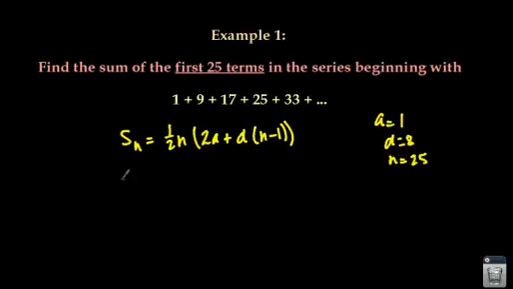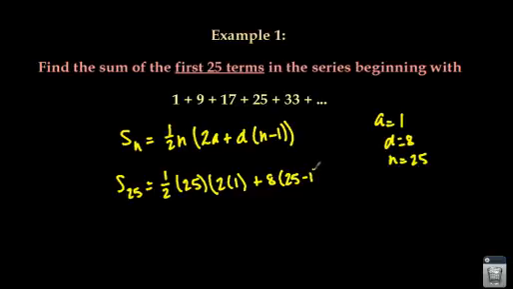So the sum of 25 terms equals half times 25 times 2 times 1 plus 8 times 25 minus 1. If I put this into my calculator, I get the exact same thing that I got before.